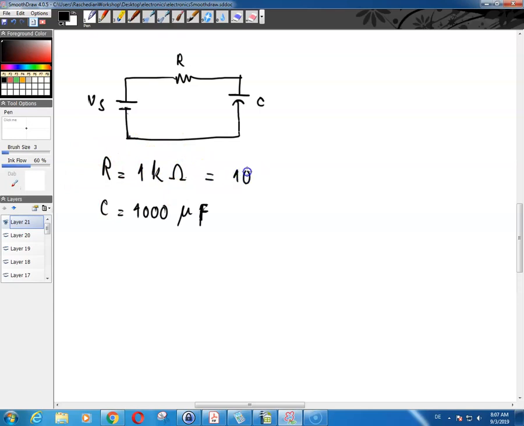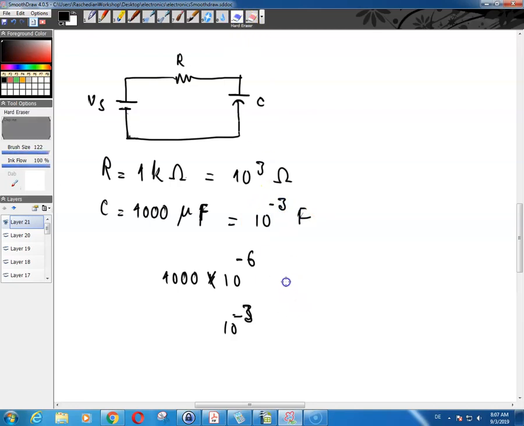So this is 10 raised to the power 3 ohm, and this is basically 1000 times 10 raised to the power -6 farad, which is equal to 10 raised to the power -3 farad. So that's basically 1,000th of a farad.